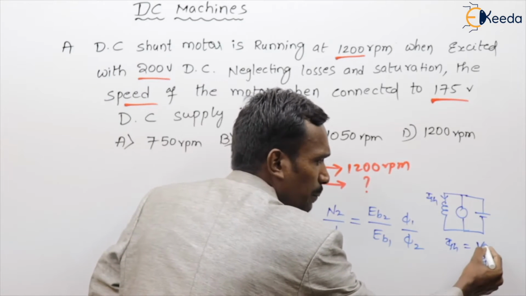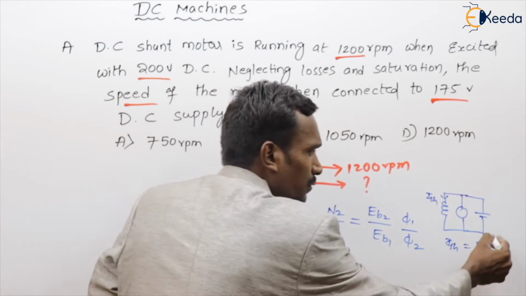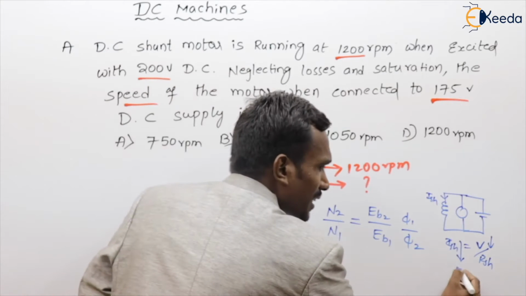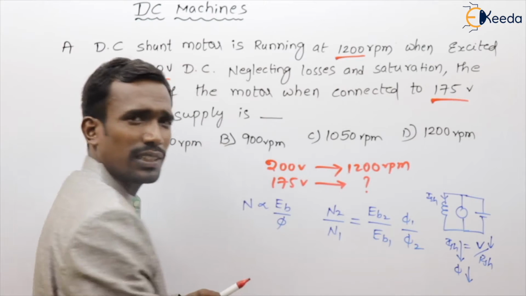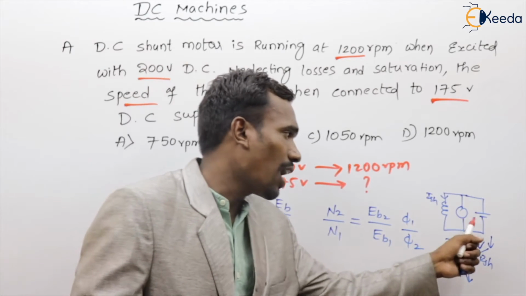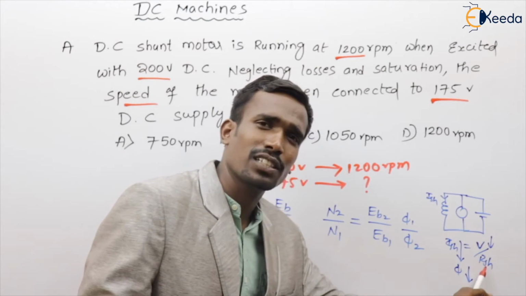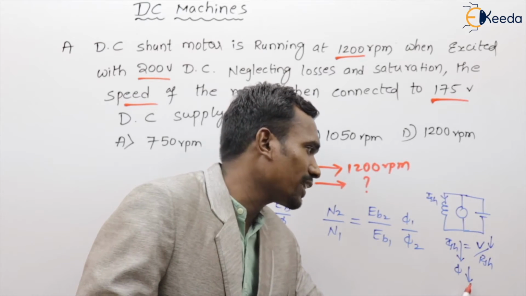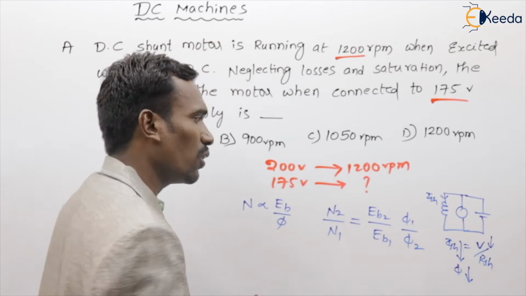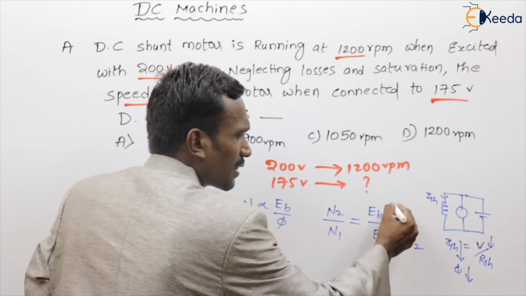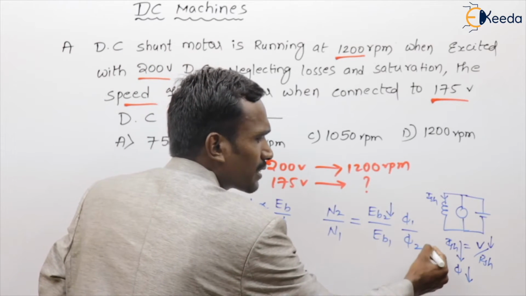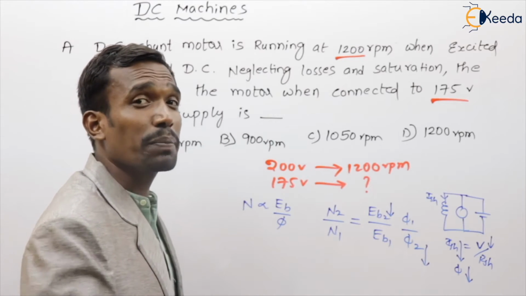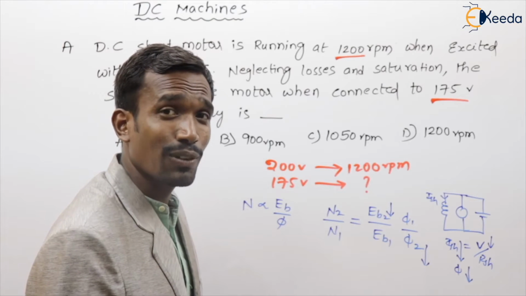ISH is directly proportional to V. When V reduces, ISH also reduces, and when ISH reduces, flux also reduces. So when voltage reduces, the back EMF reduces as well as the flux, in equal proportion. Then tell me what happened.